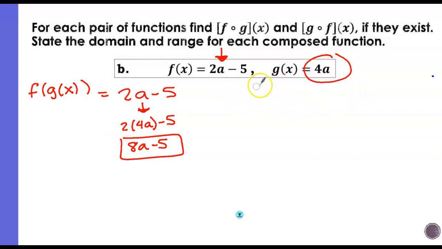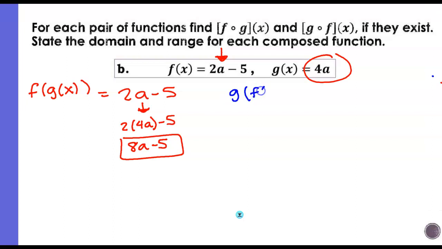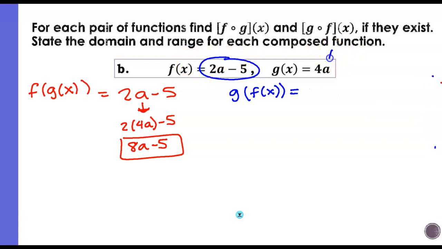But let's notice what g of f of x looks like. G of f of x would be me taking this f function and plugging it in here into the g function.